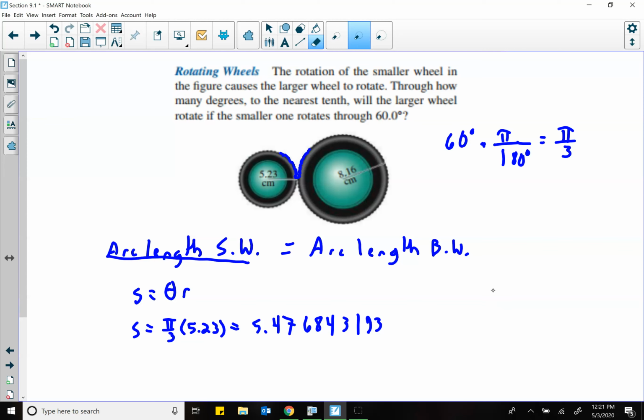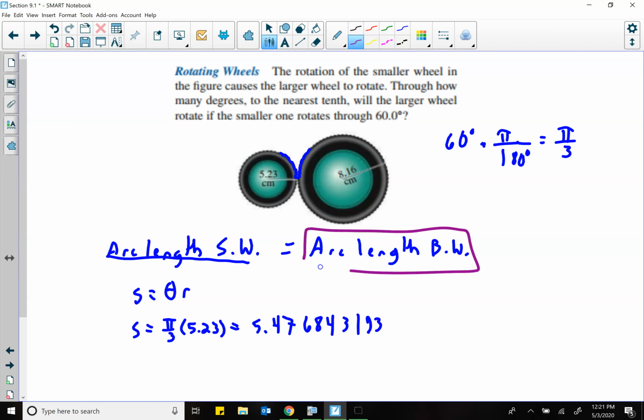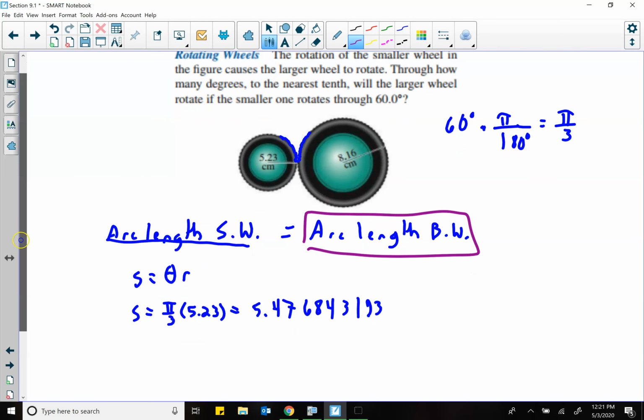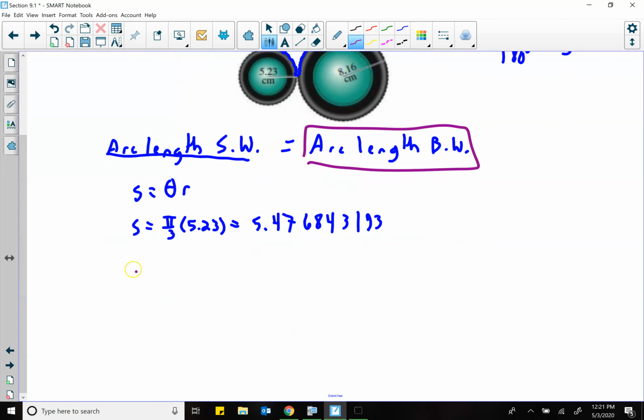So all we need to do now is run the arc length formula for the big wheel and figure out what theta is, because we want to know how far it rotates. That's not that hard. So we know that we've got 5.476843193 equal to theta, and your r is 8.16.